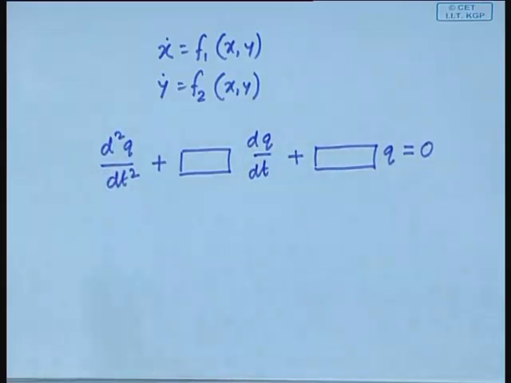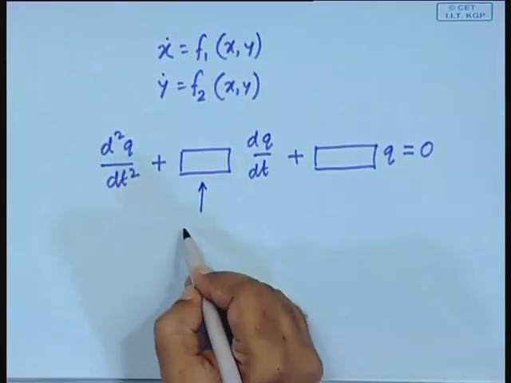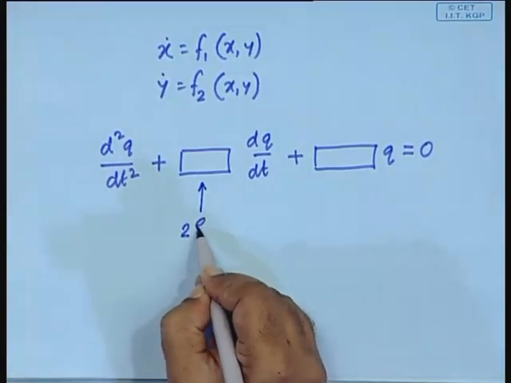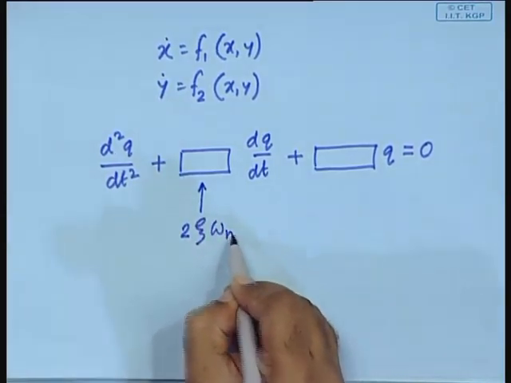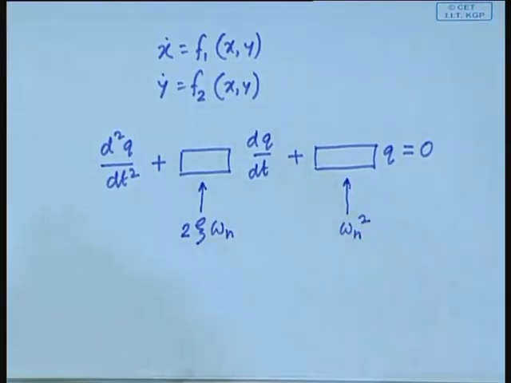Now, in considering that question, it has become customary to express this term as twice zeta omega n and this term as omega n square. Why?